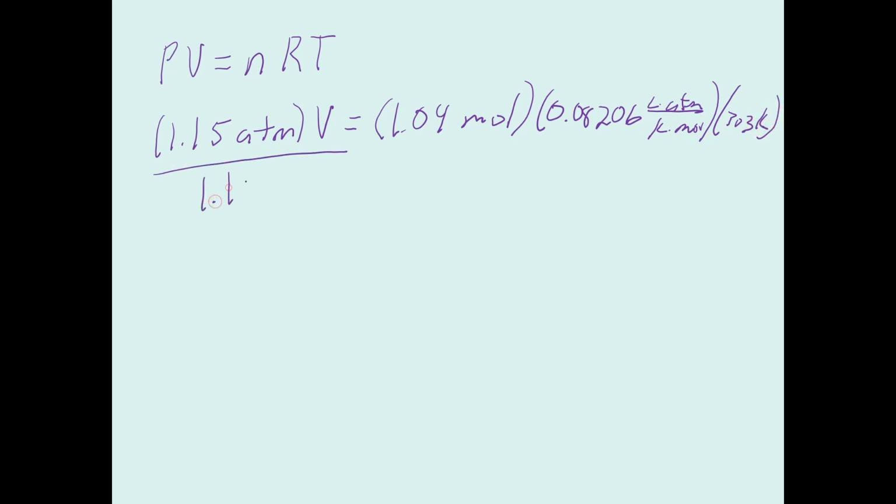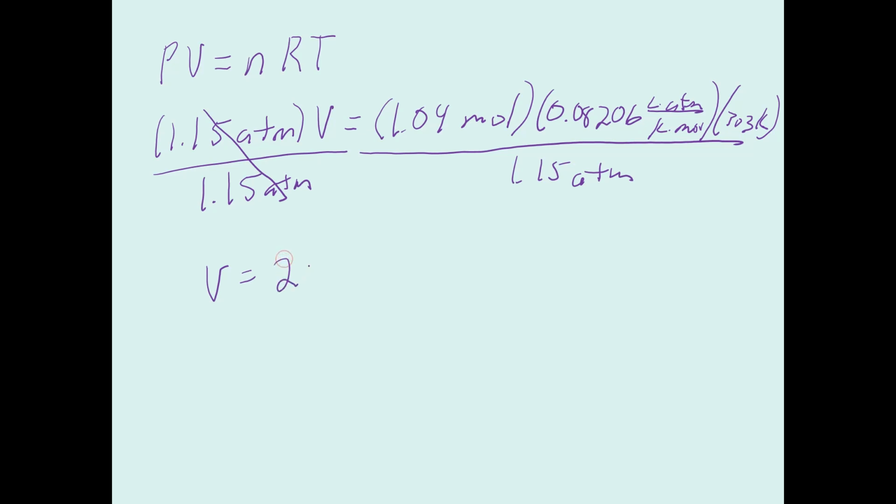So we divide both sides by 1.15 atm to get volume by itself. And the volume is then equal to 1.04 moles times 0.0821 times 303, divide that by 1.15. So if we divide that out, that comes out to 22.4 liters.